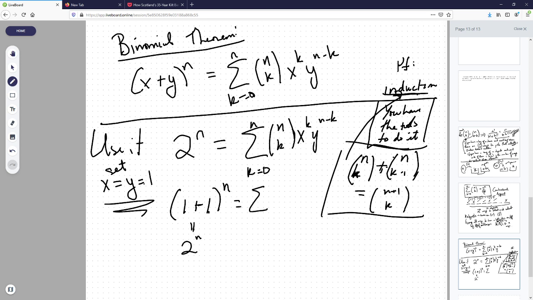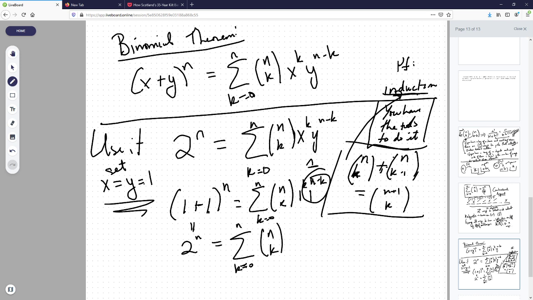And in this case, we would get n choose k, 1 to the k, 1 to the n minus k. As it turns out, this is always just 1. And so we can drop those ones and just get this term. So this is the algebraic proof.